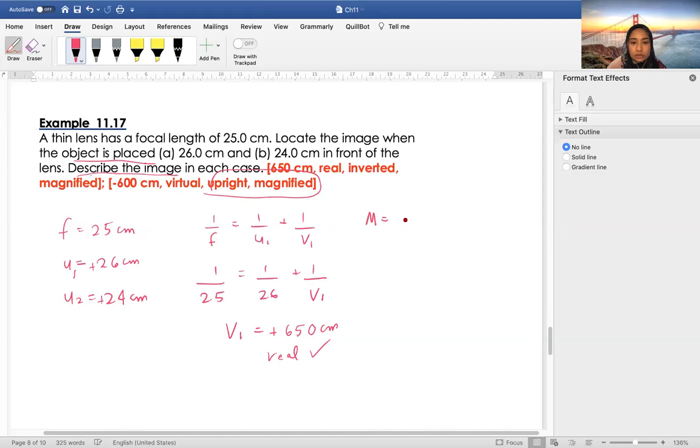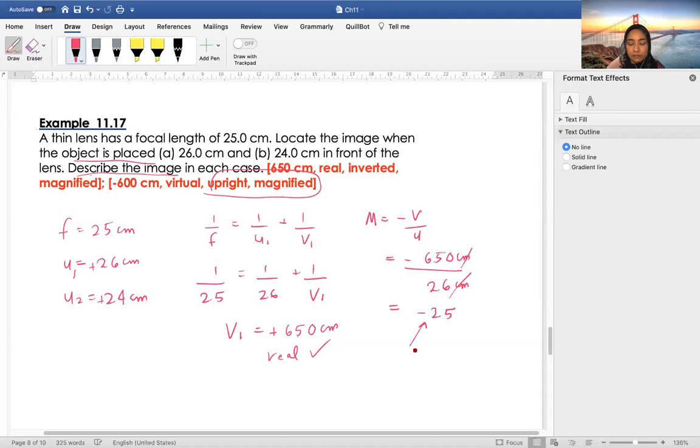So M equals to minus V over U. So we know that our V is 650 centimeter and U is 26 centimeter. They have the same unit, so I can cancel that out. So my answer is negative 25.